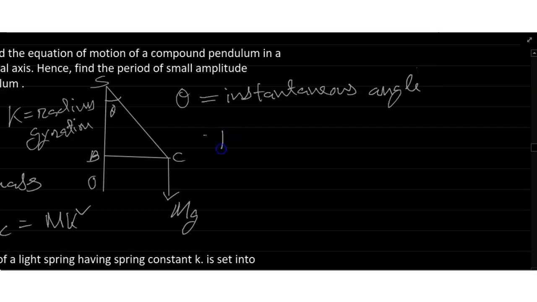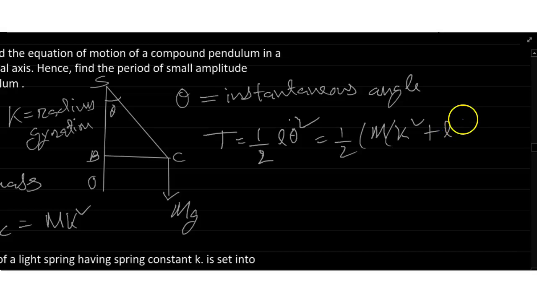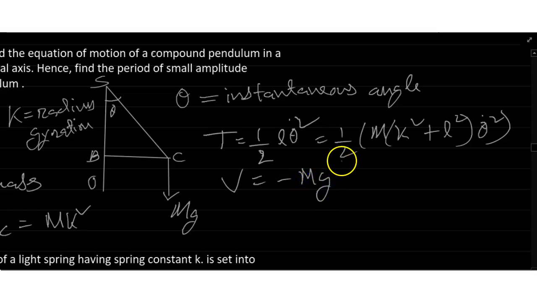T equals half theta dot square M (K square plus L square). Potential energy V equals minus mgL cos theta.